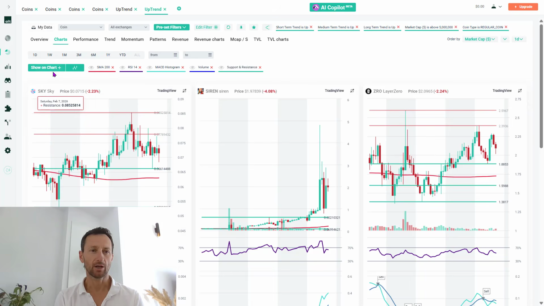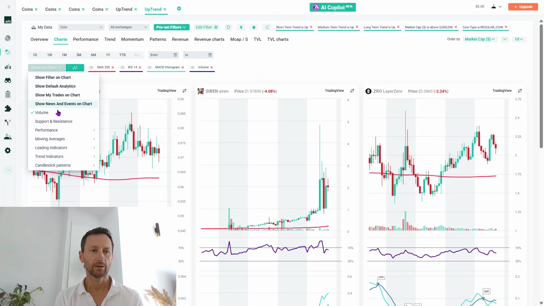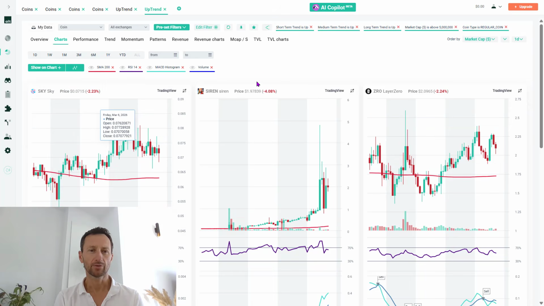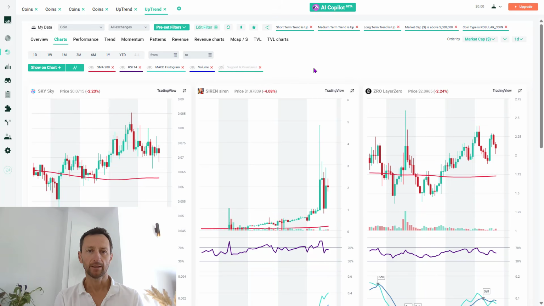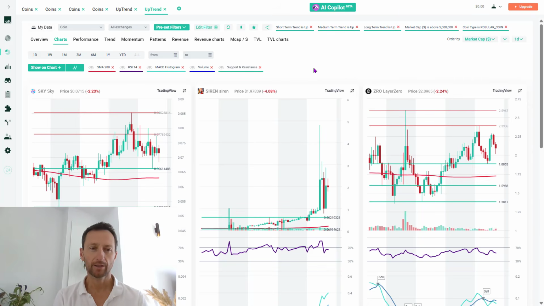You can turn that off and on easily, or hide it if you click it here. It's automatically calculated, so knowing where the support and resistance is based on the history is super helpful in trading and knowing where to potentially enter or exit.